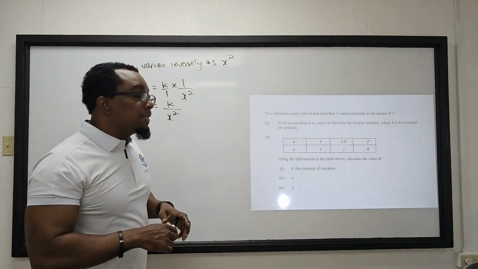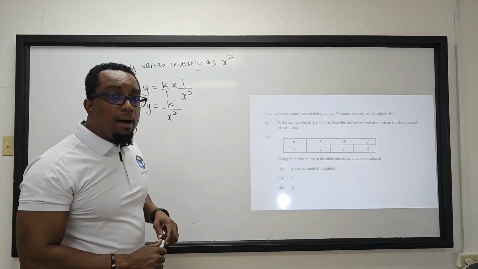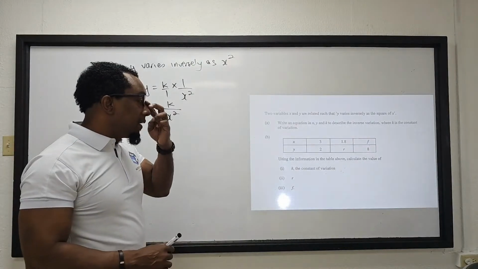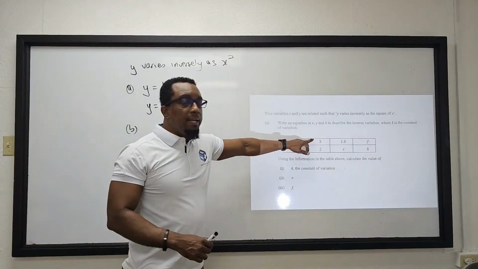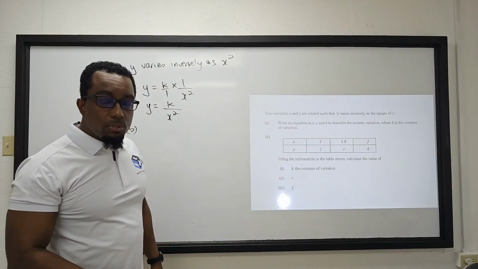Now B, using the information in the table above, calculate the values of k, r, and f. So we can easily find k by using the fact that when x is 3, the corresponding value of y is 2.